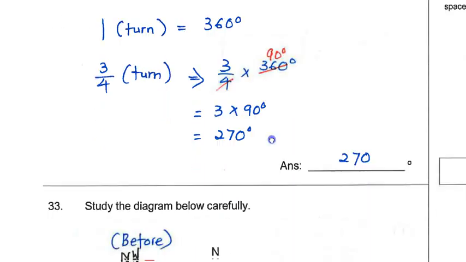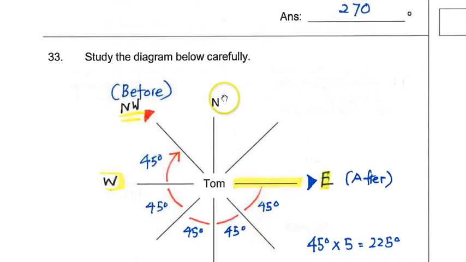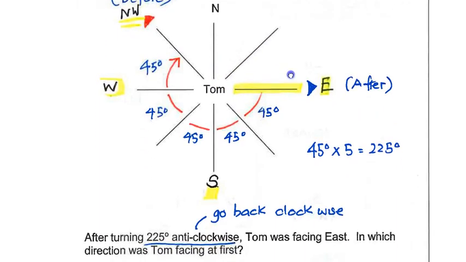270 degrees. Study the diagram below carefully. Okay, now let us read here. After turning 225 degrees anti-clockwise, it means he turned somewhere this way. After turning this way, Tom was facing east.